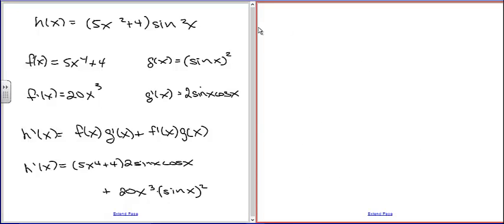So now we can clean this up a little bit, not a whole lot. So I'm just going to move the 2 out front, or I could multiply these both by 2, but just keep it out front, keep it factored. And then put the sine x cosine x.